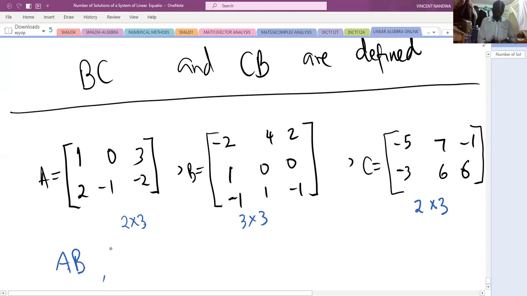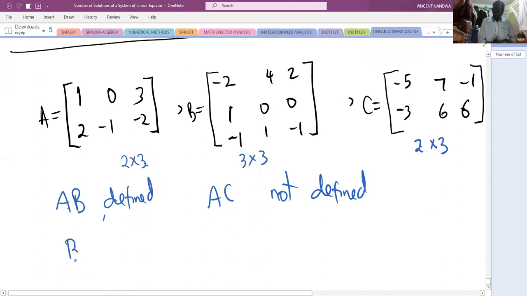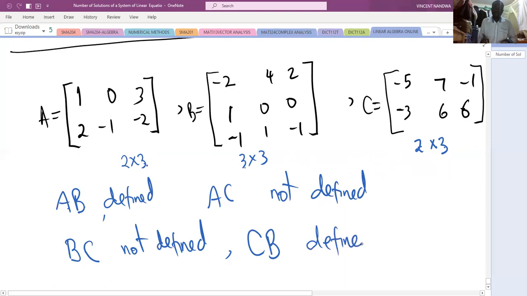But AC is not defined, since A has 3 columns and C has 2 rows. And the product BC is not defined because B has 3 columns and C has 2 rows. But CB: C has 3 columns, B has 3 rows. So this is defined. Good.